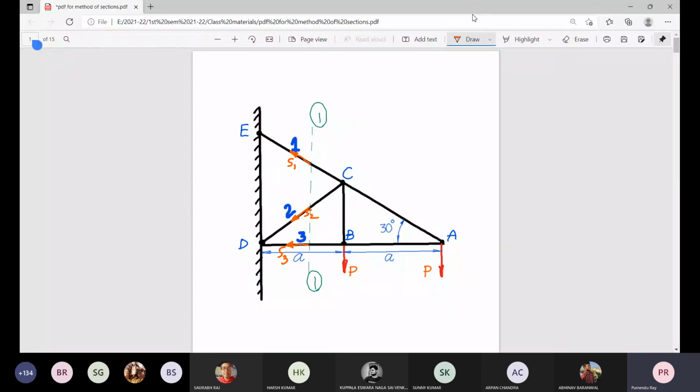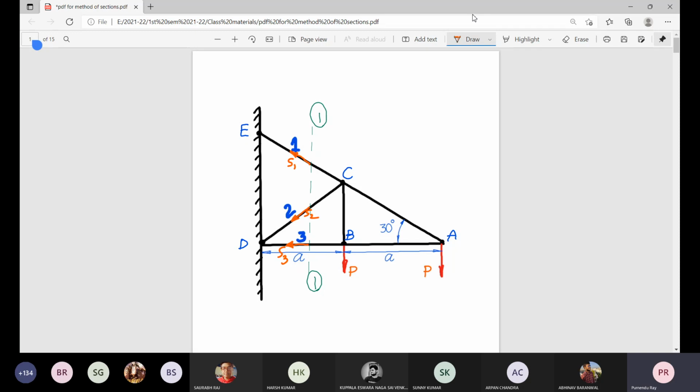It could be any other direction, n and t, sigma Fn equal to 0, sigma Ft equal to 0, or u and v, sigma Fu equal to 0, sigma Fv equal to 0, or independently three different locations where you can use those locations as moment center and generate those equations, sigma M is equal to 0, and you can find the value of S1, S2, and S3. And what will be the convenient way?